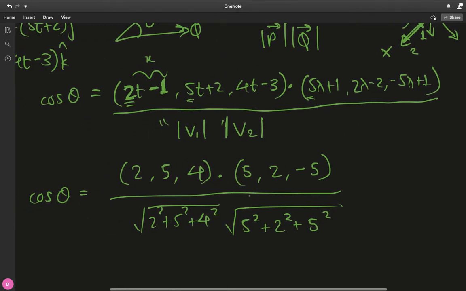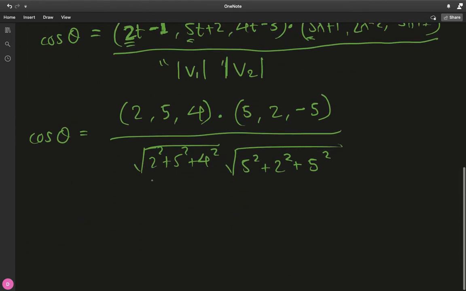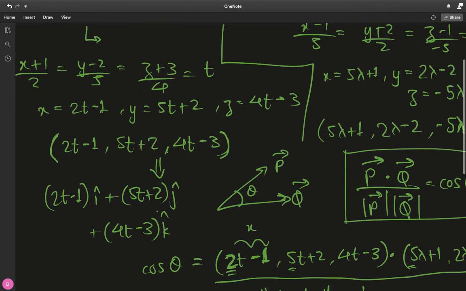And then likewise find the magnitude of those numbers, and that is actually an analog to this formula that we had for two-dimensional space. These quantities 2, 5, 4 are what you call direction ratios or direction numbers.